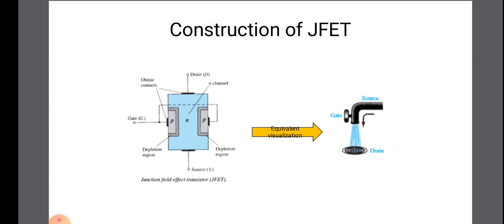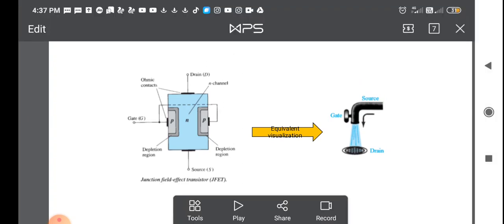On the other hand, two P regions are created because of the trivalent impurities added. In between these two P regions, there is one N region. That's why it is called the channel. And this channel is actually responsible for carrying the current.